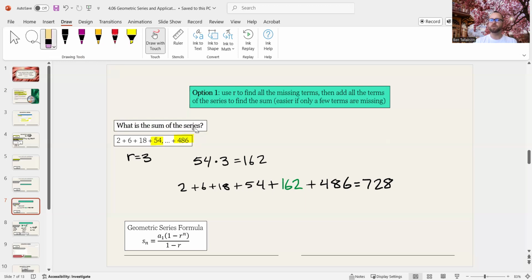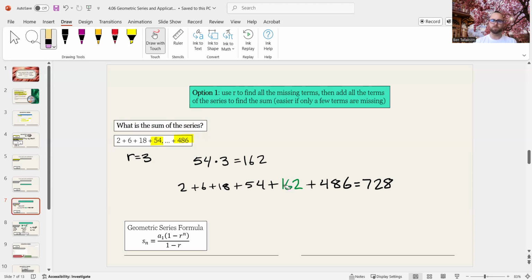I don't know how many missing terms there will be. There could be a lot, maybe not, depends on the ratio. In this case, there's actually only one missing term. The common ratio is 3. 54 times 3 is 162. And then multiply that times 3, you get 486, which is our last value. And since we have all of the numbers, just add them together.